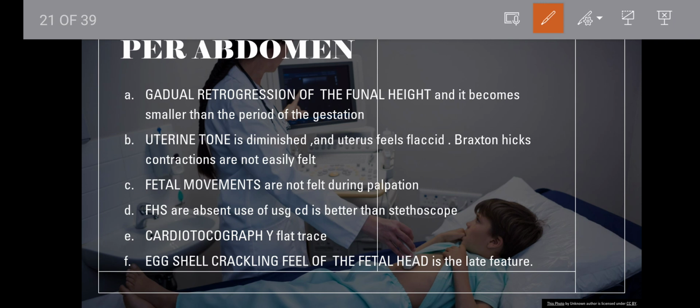Now moving on to the per abdominal examination, there are some things that we find in case of intrauterine fetal death. On inspection, we see a gradual retrogression of the fundal height. Sorry, it's written funnel, but it's fundal height, and it becomes smaller than the period of gestation. Normally, if the patient is around 28 weeks pregnant, the fundal height corresponds to that period of gestation.